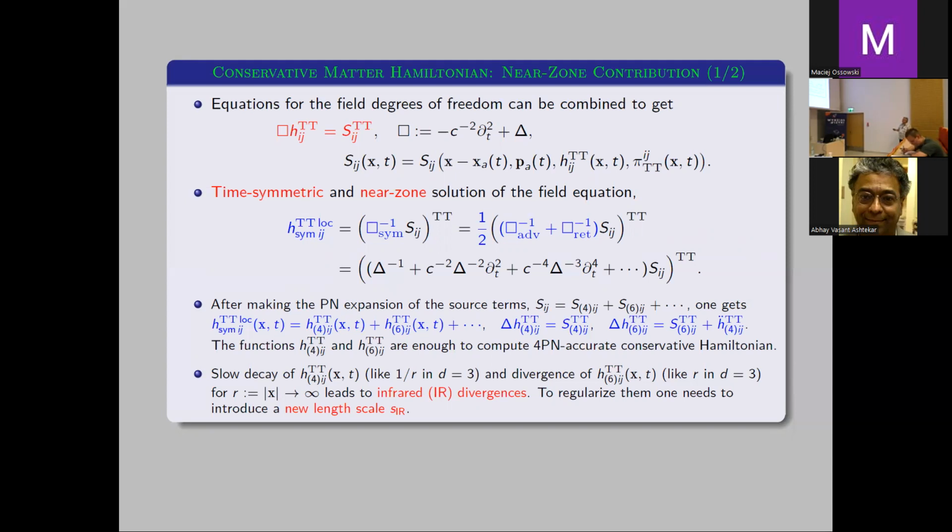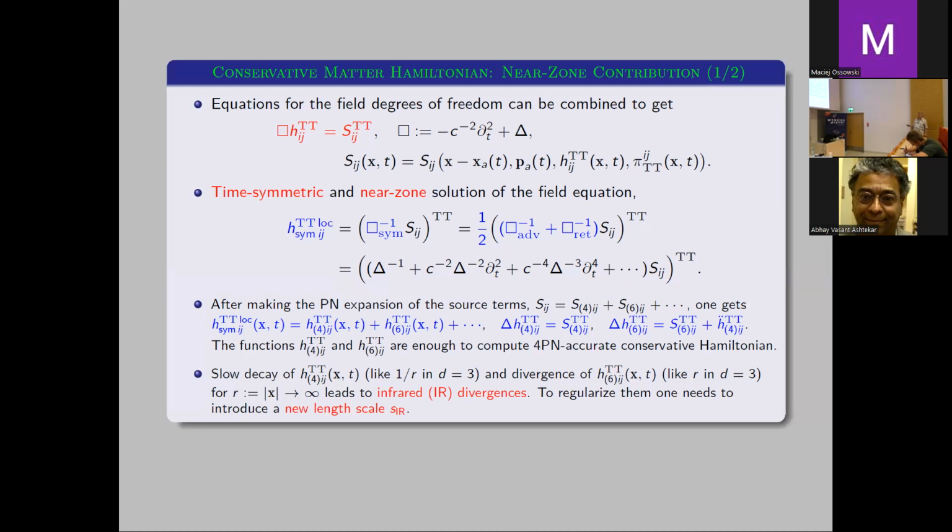It means that instead of this operator, we have something like this, where we symbolically use the inverse Laplacian operators and their powers as well. And this combination means that in this expansion, we have only even powers of the time derivatives. So this is why we have no chance to produce the radiative effects.